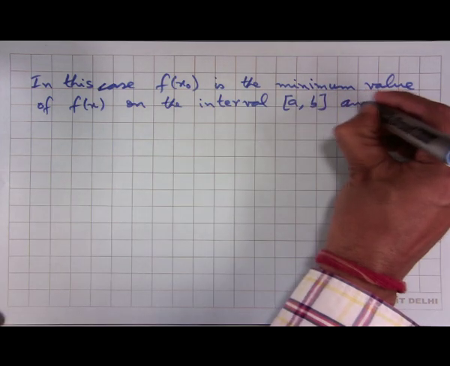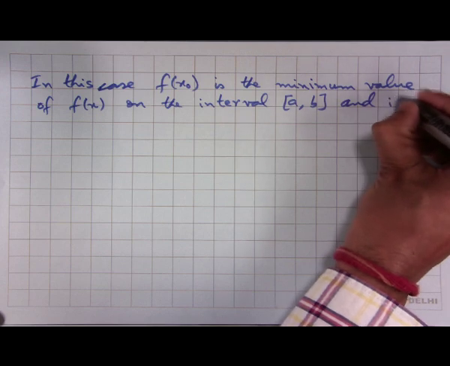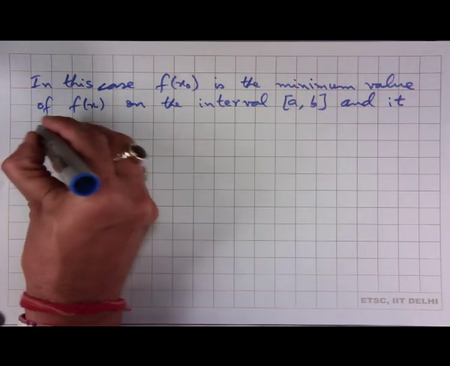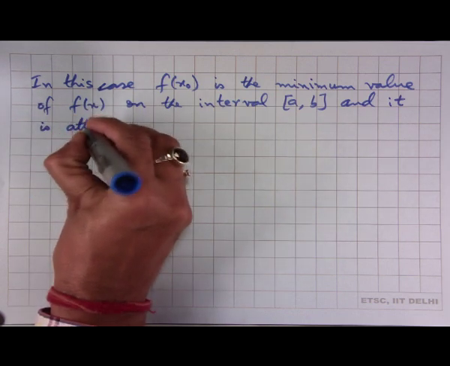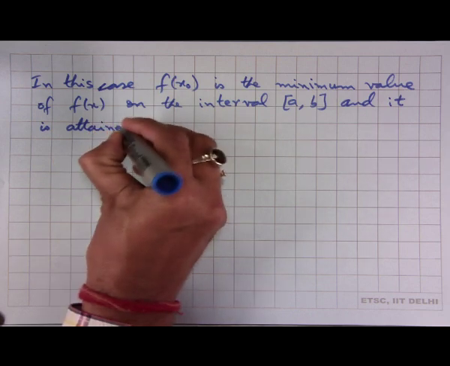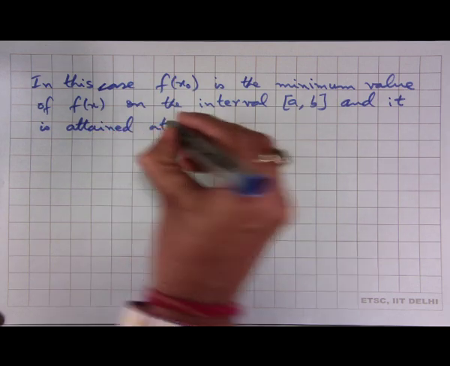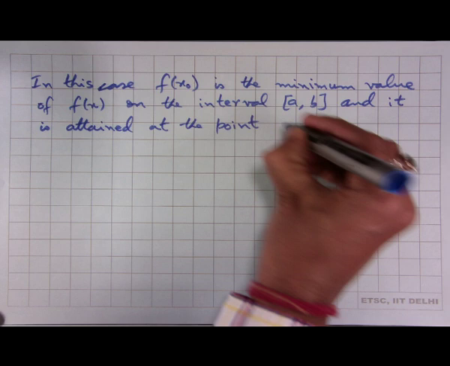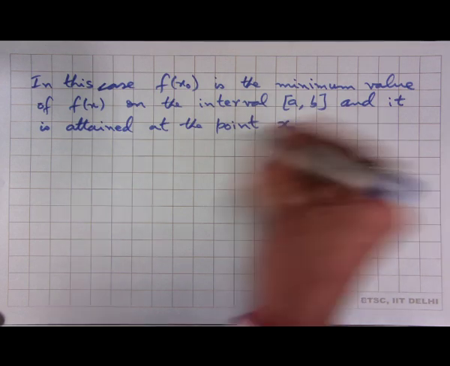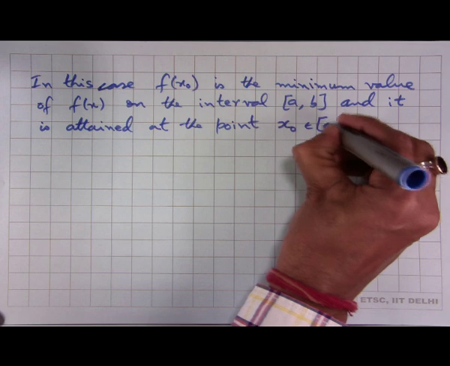and it is attained at the point x naught, which is in the closed interval [a, b].